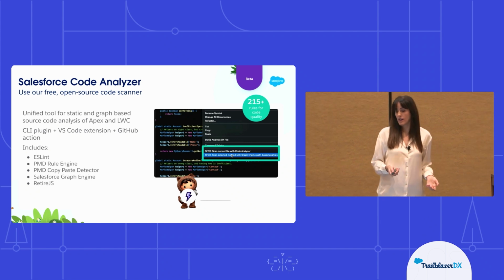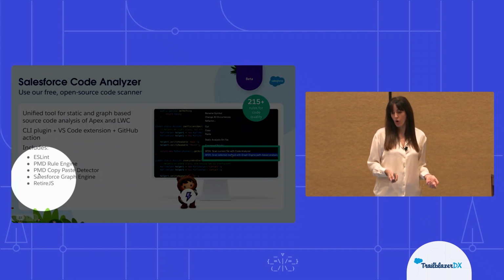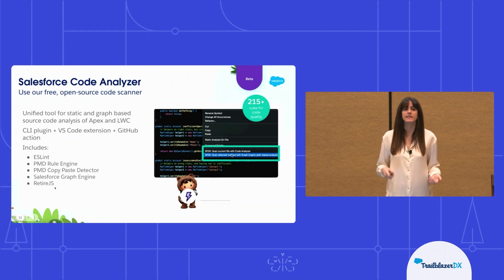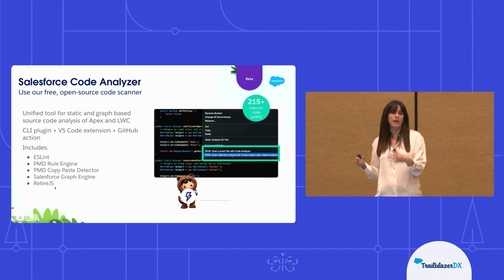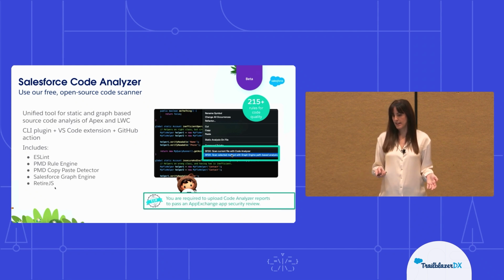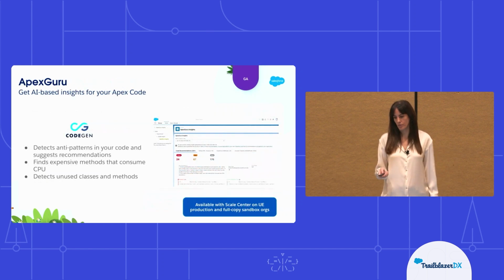And it also includes something called Retire.js, which is a library that detects vulnerable files and tells you to retire them. It is in beta. If you are an ISV, you are required at the moment to use this because the security review requires you to upload the logs that get generated with this tool.